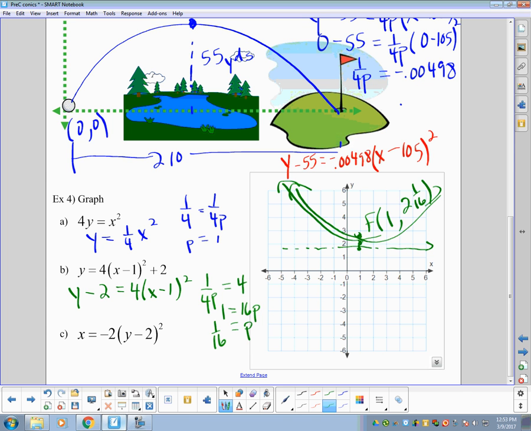That's 0.06. So 1, 2 and 1/16 is the focus. So we said 1, 2. There's the vertex. Focus is just above it. There's the directrix just below it.